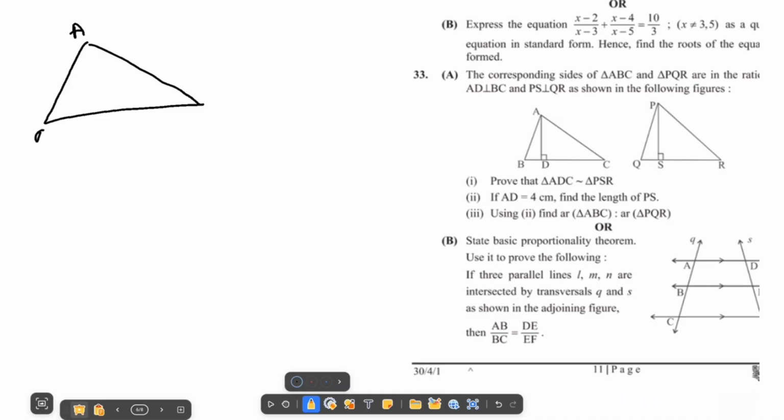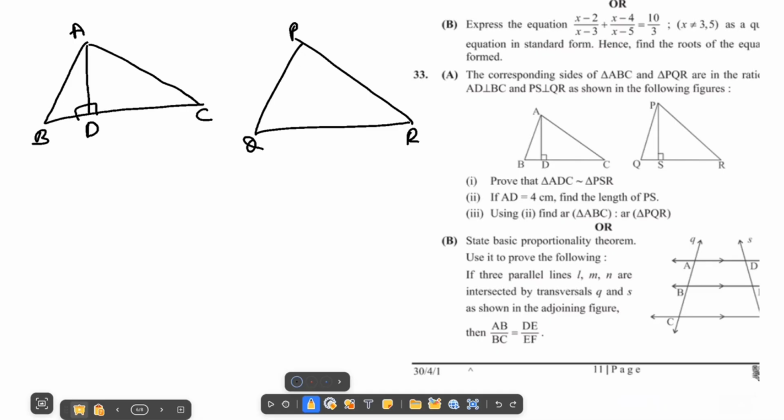Triangle ABC, where AD is perpendicular to BC, and the second triangle PQR, where PS is perpendicular to QR.